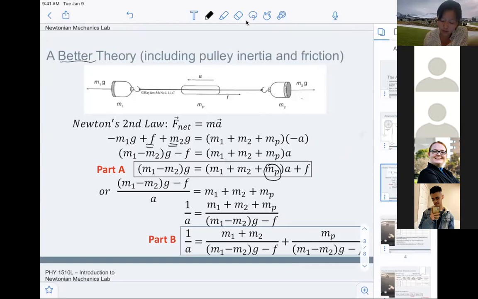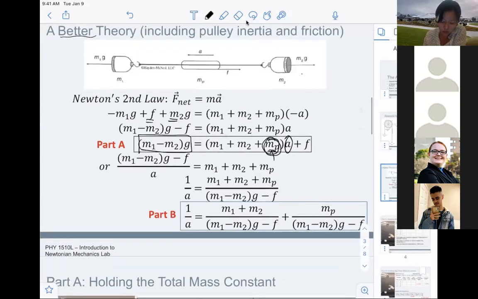So a better system is to consider the pulley's mass in there as well. So we put it in there as a mass of the pulley. Okay, so in part A, you're plotting this versus acceleration. In part B, you want to plot 1 over A.